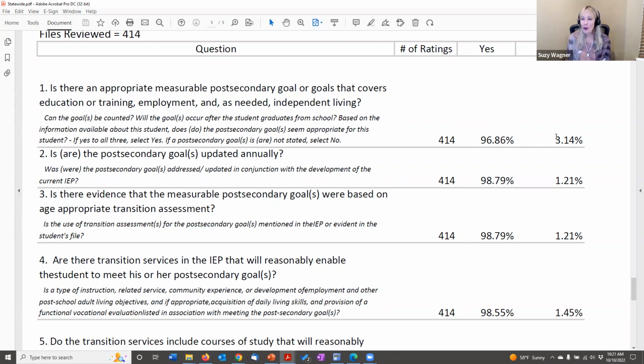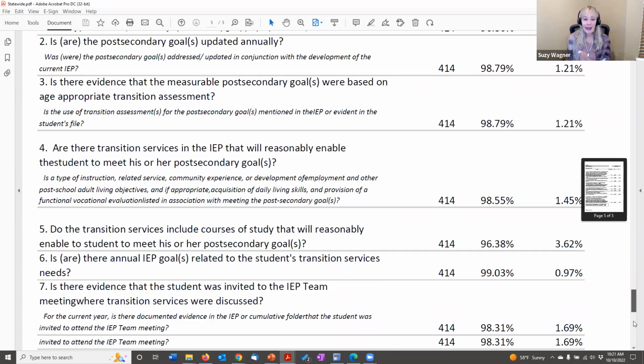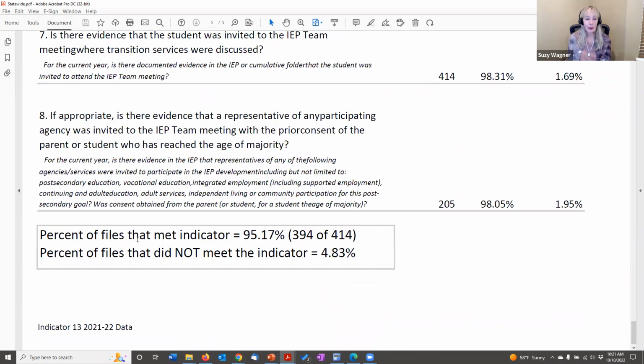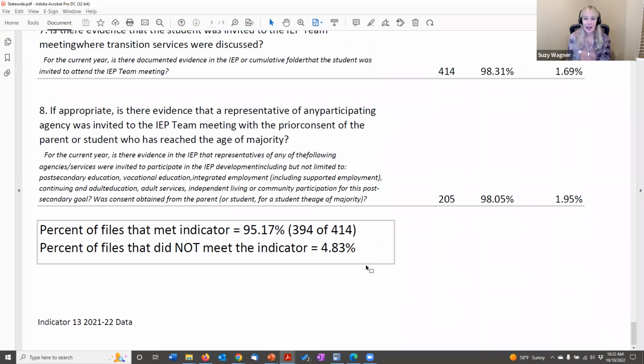That's good. What percentage did not? And then at the bottom, it will tell you overall what percent of files met all 8 questions. So statewide, we had 95.17% of files meet the indicators. So there were 20 files that did not, and 4.83% of state files that did not meet the indicator.